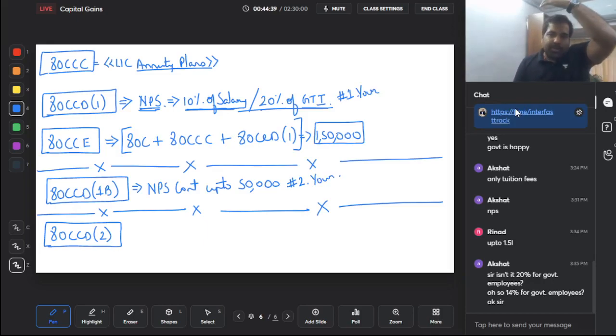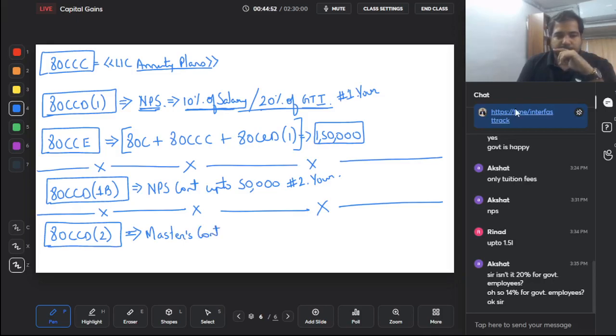Guys, is it possible that you don't do something and you get a deduction? Yes, it is possible. Here, check it out. They say that you will get a deduction for your master's contribution. Guys, your master's contribution, he has contributed, you are getting a deduction.